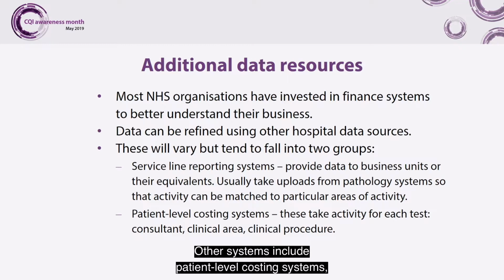Other systems include patient-level costing systems, which allow you to drill data down to the level of an individual patient. And you can take the activity level for patients at individual tests. And these can be subdivided according to different categories, be it consultant or clinical group or diagnosis, and allows you to look at those clinical behaviours that are being applied.